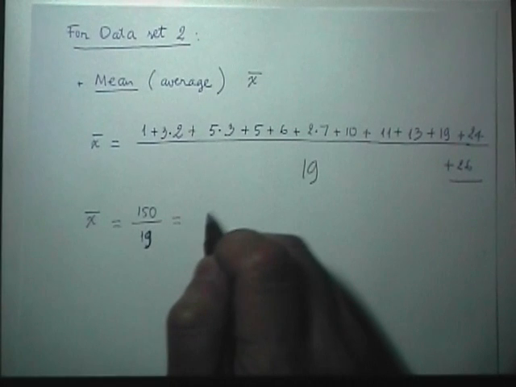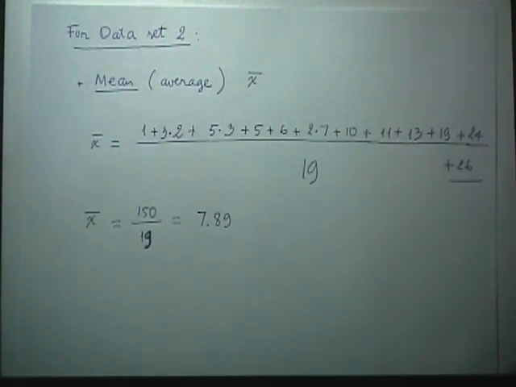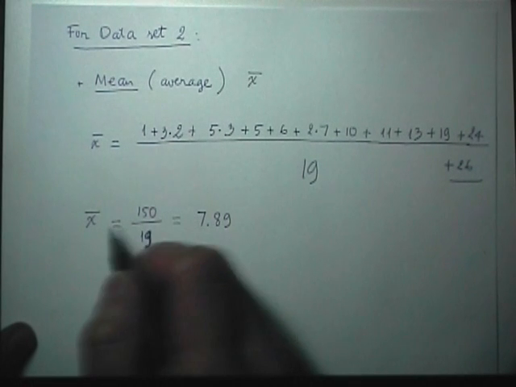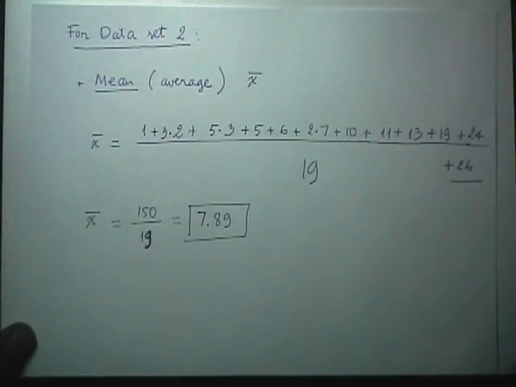What I have here is 7.89. My personal preference, as I showed you how to do rounding, but that's just technique, is that you decide for yourself how many decimal points you want. I normally keep around 2 decimal points, like that. So that is my mean value. That's my average value.